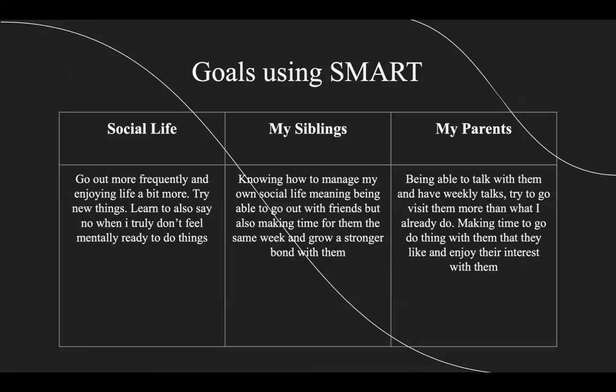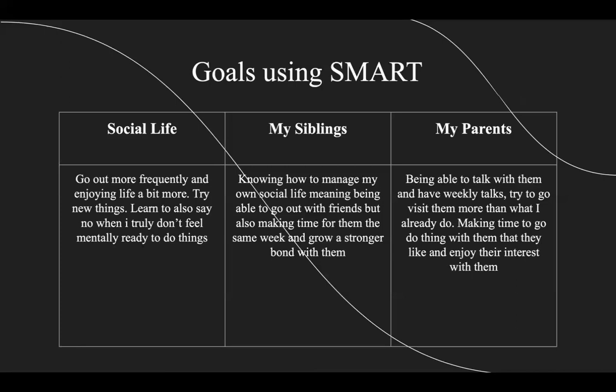My siblings is another one of my goals: knowing how to manage my own social life, meaning being able to go out with friends, but also making time for my siblings the same week. Sometimes I would just go out with friends and not really think about my siblings. When I would go visit them, I would instead go out with friends and not really enjoy the time I was with my family.